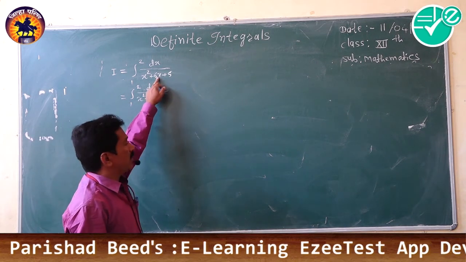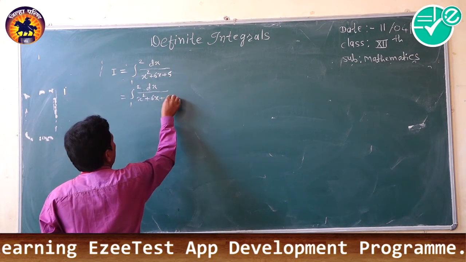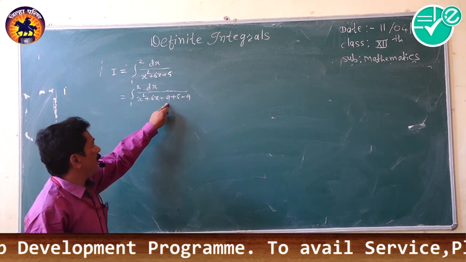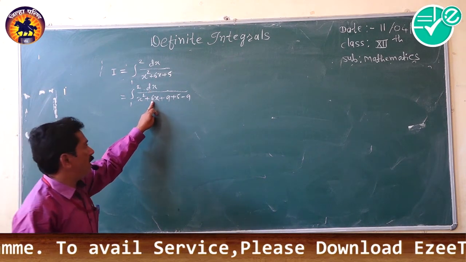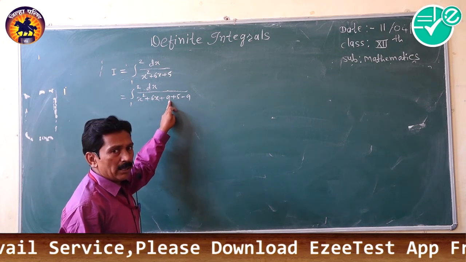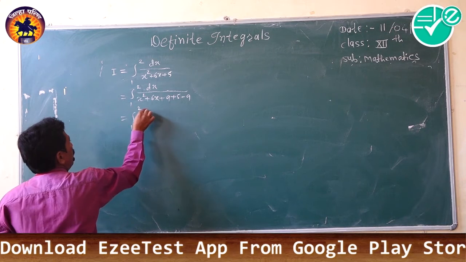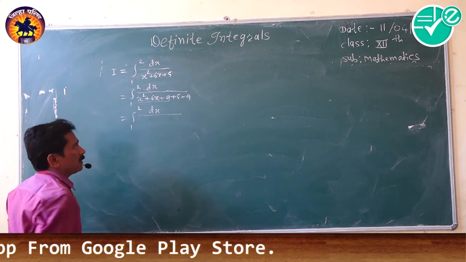Now half of this 6 is 3, taking square of 3, that is plus 9 plus 5 minus 9. We are adjusting here plus 9. We are taking this form, that is the coefficient of x is 6, half of that is 3, 3 square is 9, plus 9 minus 9. Therefore this becomes 1 to 2 dx x square plus 6x plus 9.